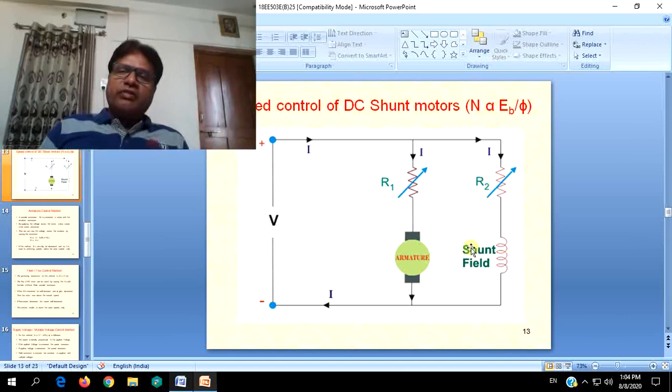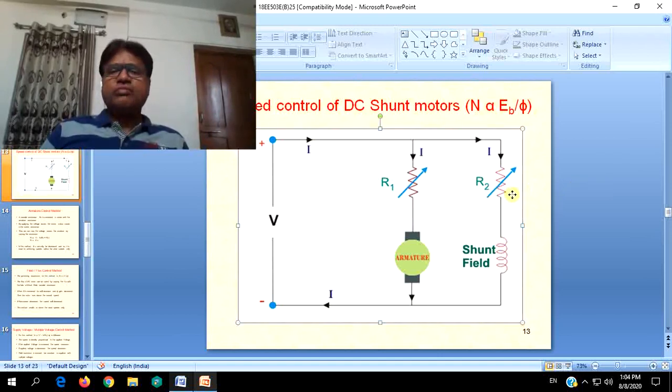For shunt field or field flux control, another variable resistance will be connected in series with the shunt field. To start the motor under normal conditions, both these variable resistances will be adjusted to zero value, or the full voltage will be applied across the armature as well as the shunt field.